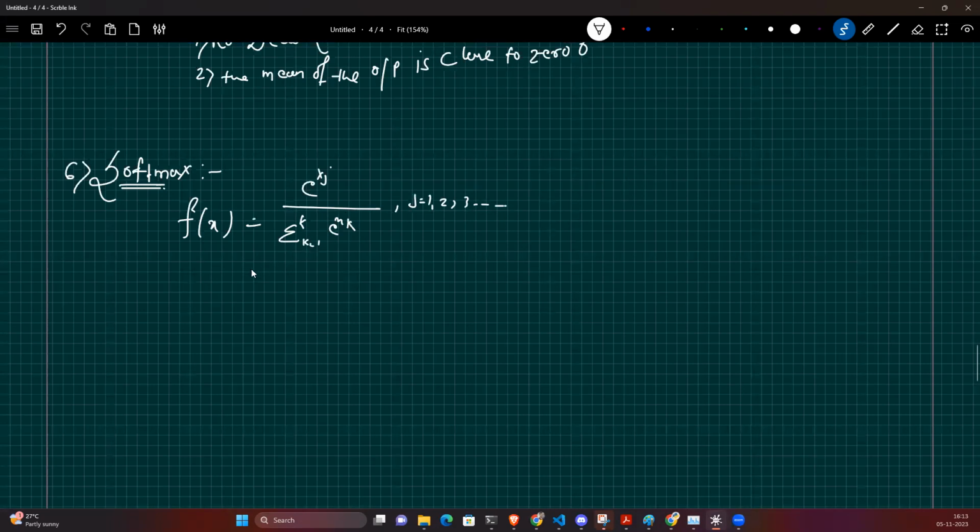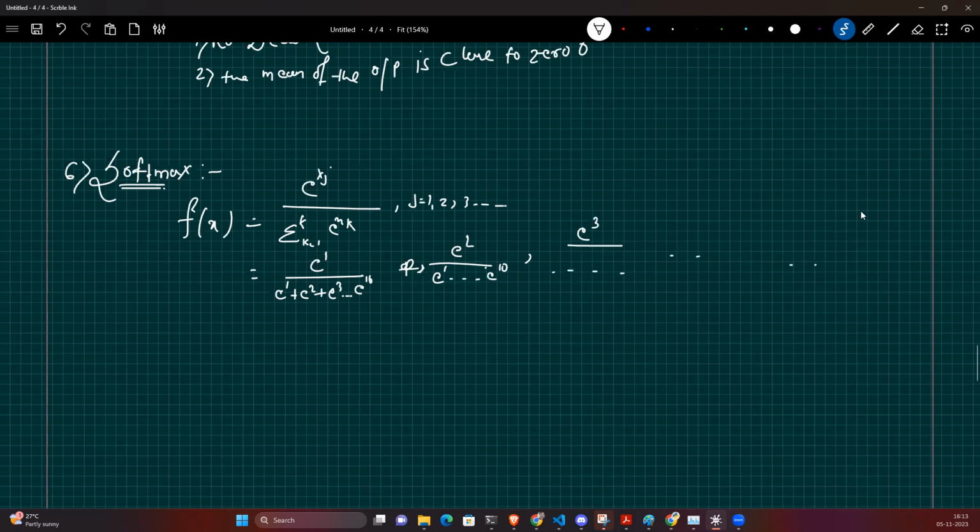It is again probability-based. So for example, e to the power 1 divided by e to the power 1 plus e to the power 2 plus e to the power 3 up to e to the power 10, and similarly for e to the power 2, and so on, and again it will come like this.